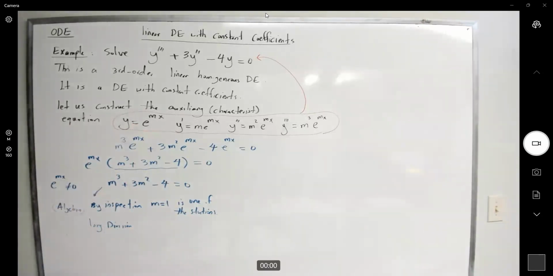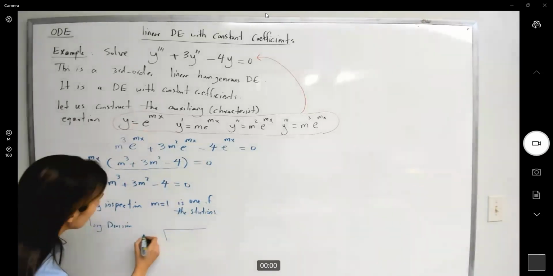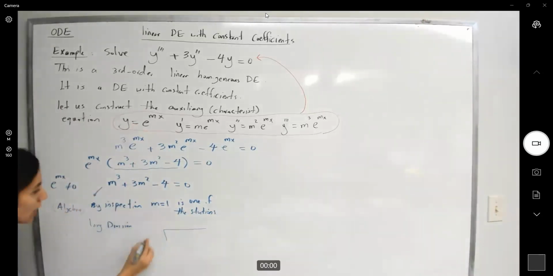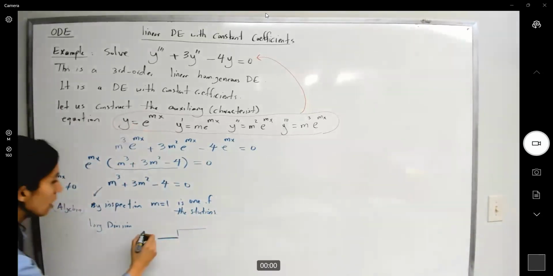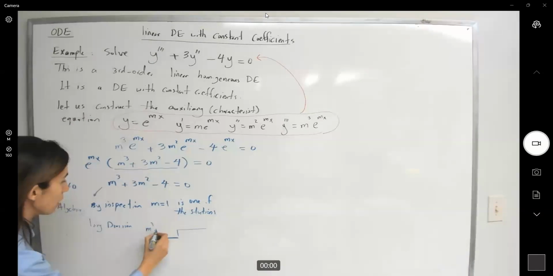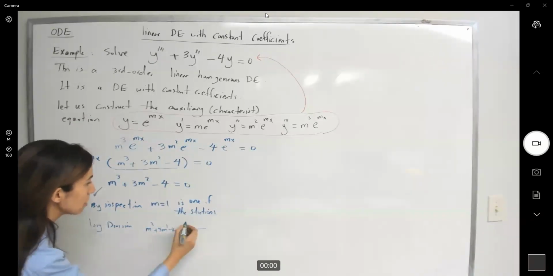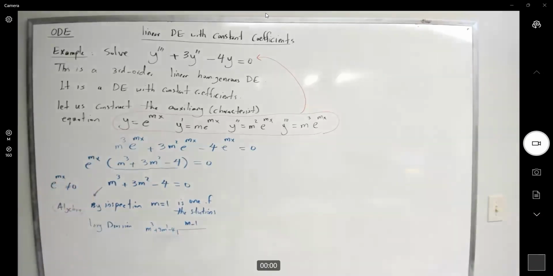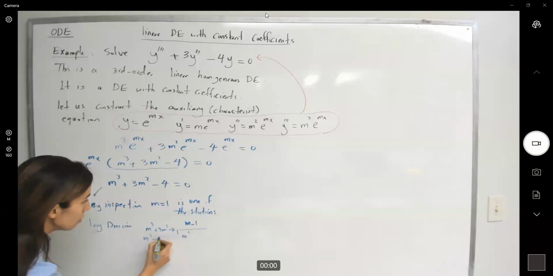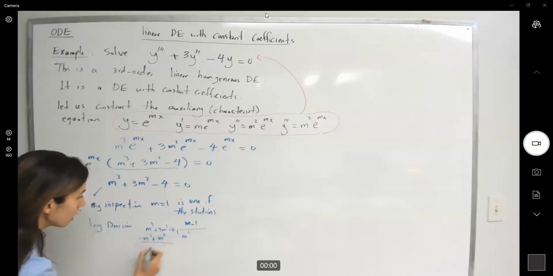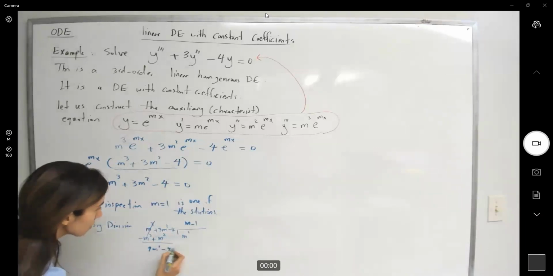By doing long division, here you have m minus 1, and m cubed plus 3m squared minus 4. So m squared, you get m cubed minus m squared, and you get 4m squared minus 4.